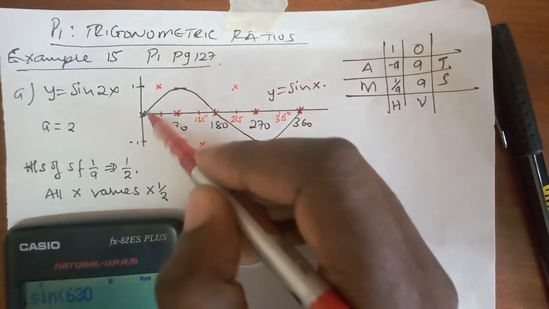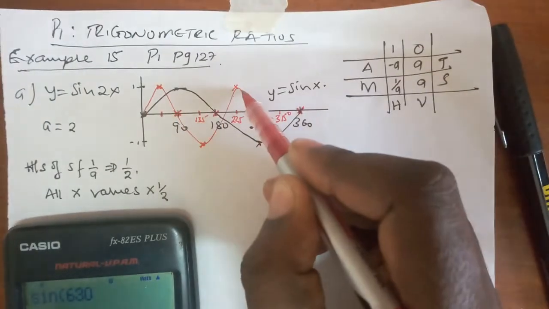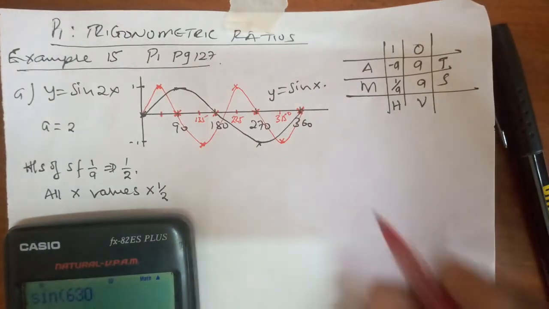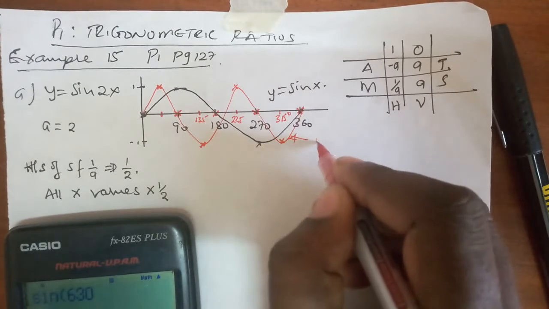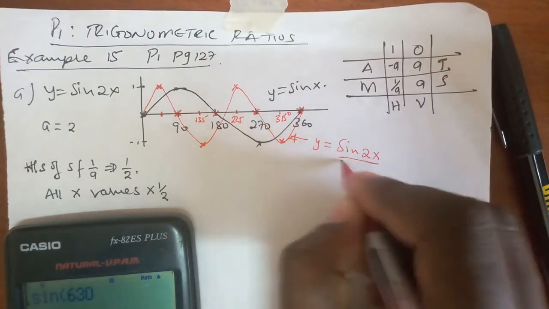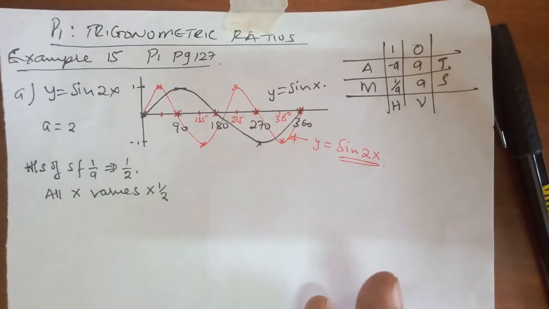So we have a curve that behaves like this. The red graph now is the graph of y equals sine 2x. You can see we have had a horizontal stretch of scale factor a half.